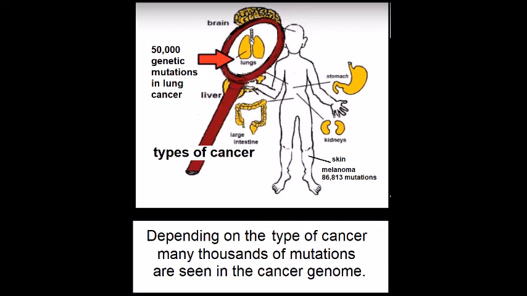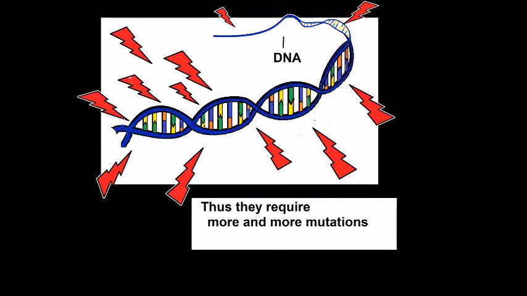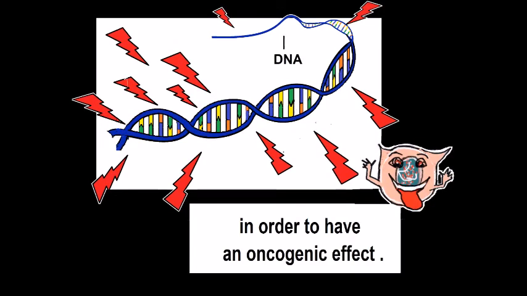Depending on the type of cancer, many thousands of mutations are seen in the cancer genome. And even in people with the same type of cancer, many different variations are seen from individual to individual. Thus, they require more and more mutations, and especially inactivating mutations in genes that maintain genetic integrity, in order to have an oncogenic effect.